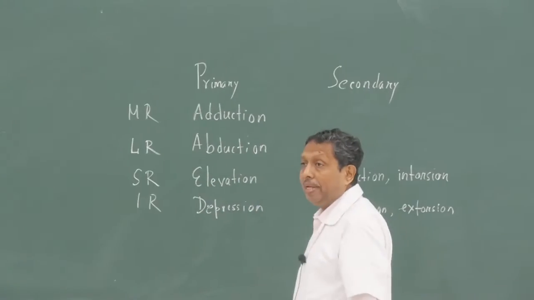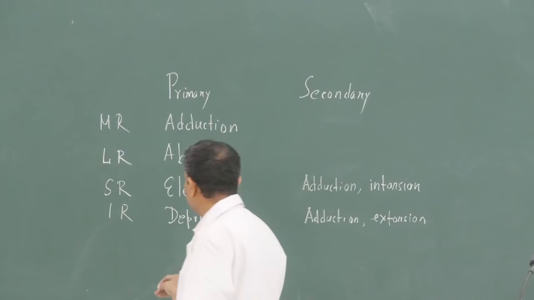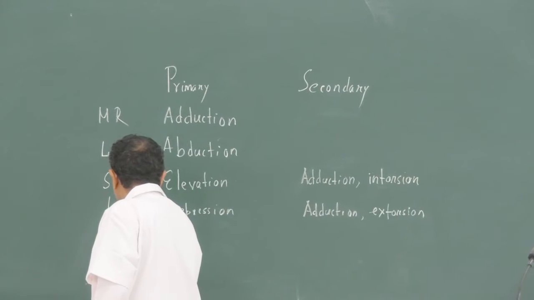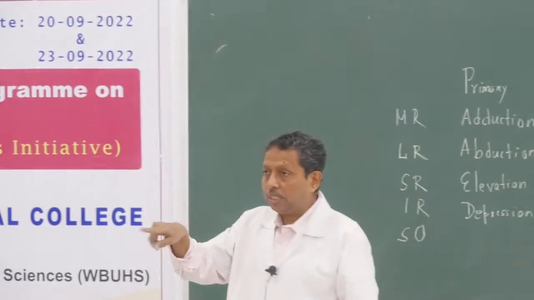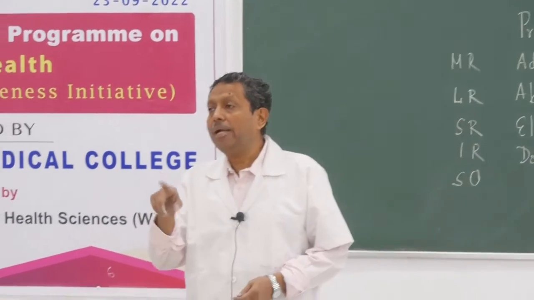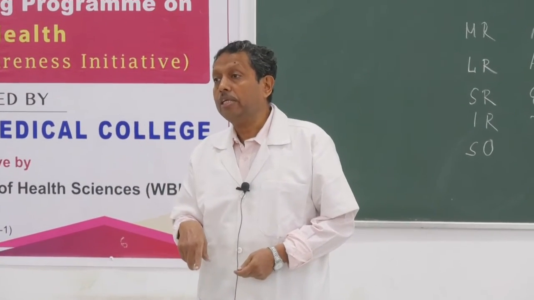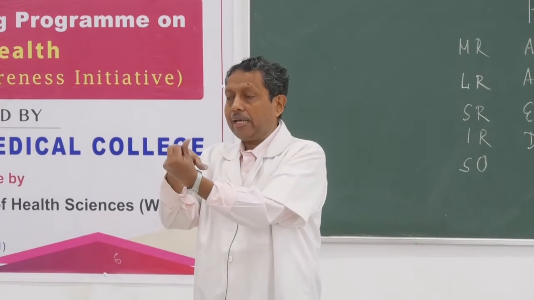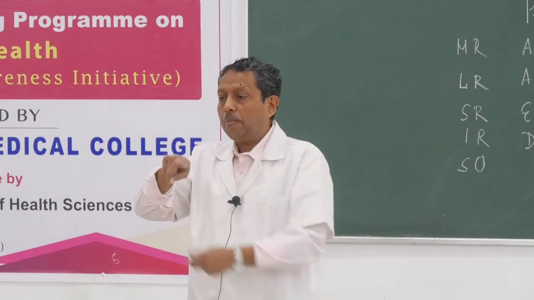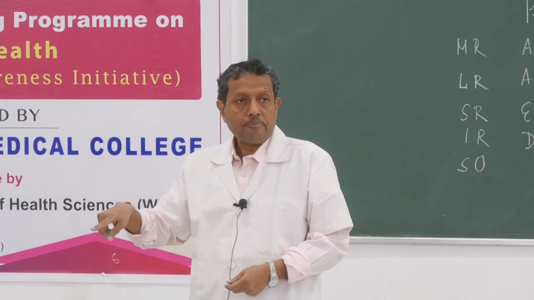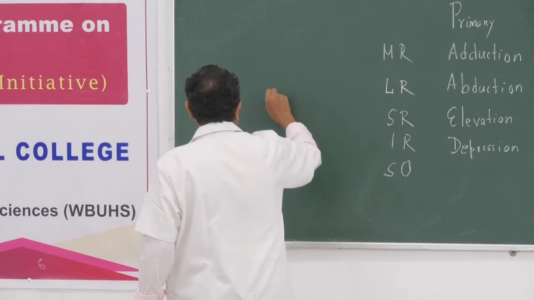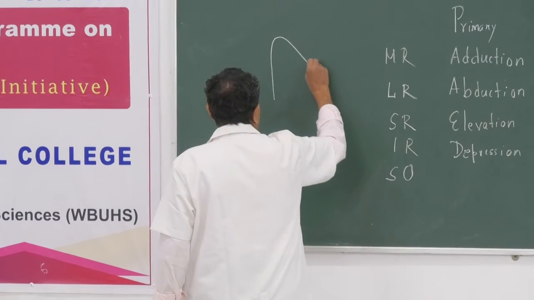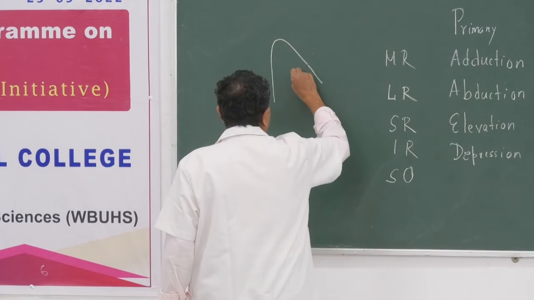Now the two remaining muscles, superior oblique. It is disposed in such a way that the primary movement is intorsion, because it is deflected in this way. Suppose the eyeball, the superior oblique muscle is placed in such a way that it comes to this.